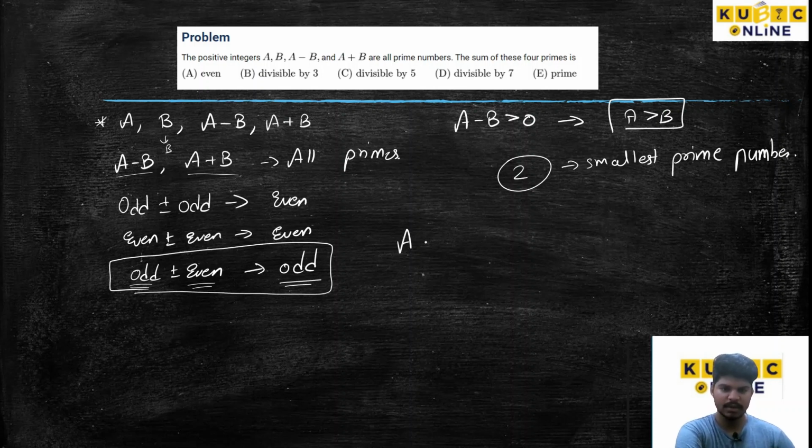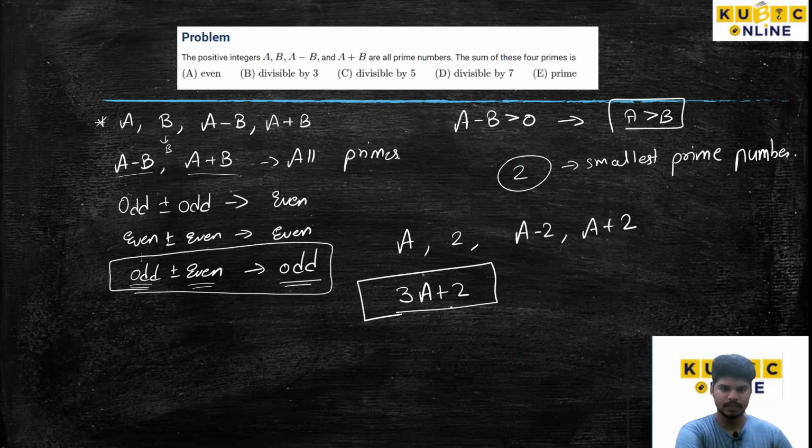Now a, 2, a minus 2 and a plus 2 are all prime numbers. They have asked the sum of these four primes. So the sum of these four prime numbers is 3a plus 2. Okay, so the sum is 3a plus 2.